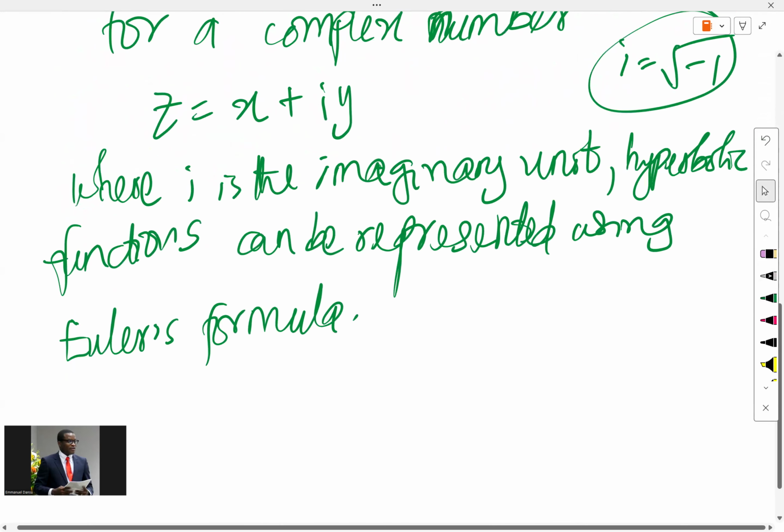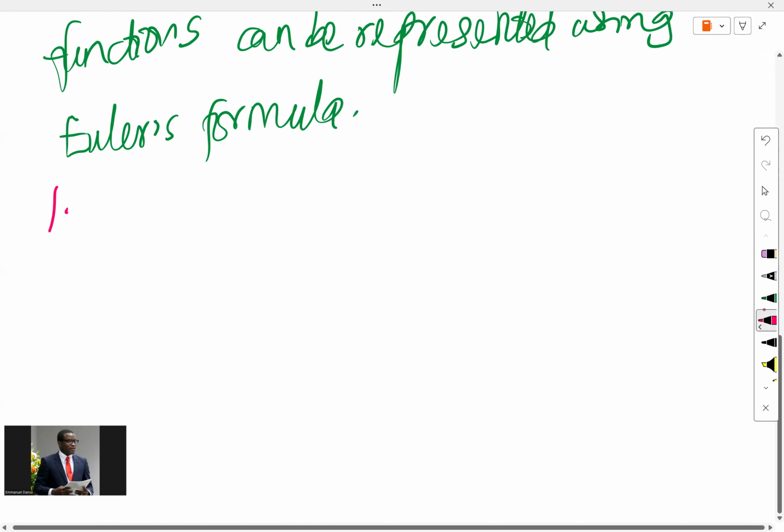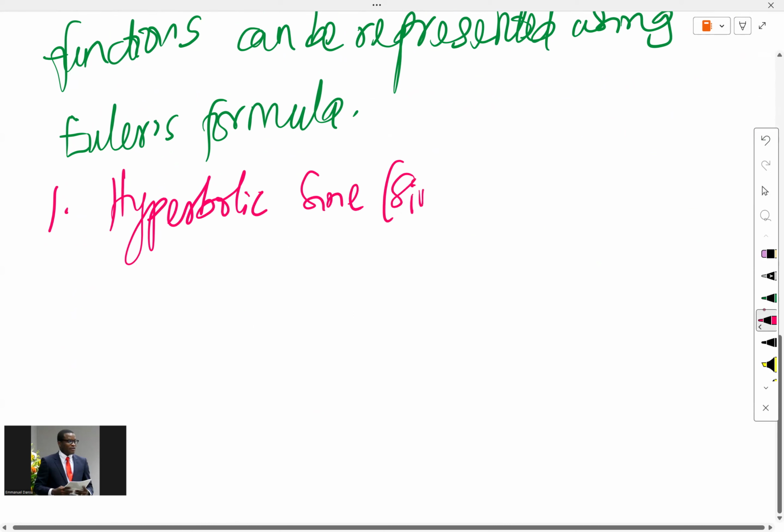First of all, let's look at hyperbolic sine, which is sinh, and hyperbolic cosine, which is cosh.